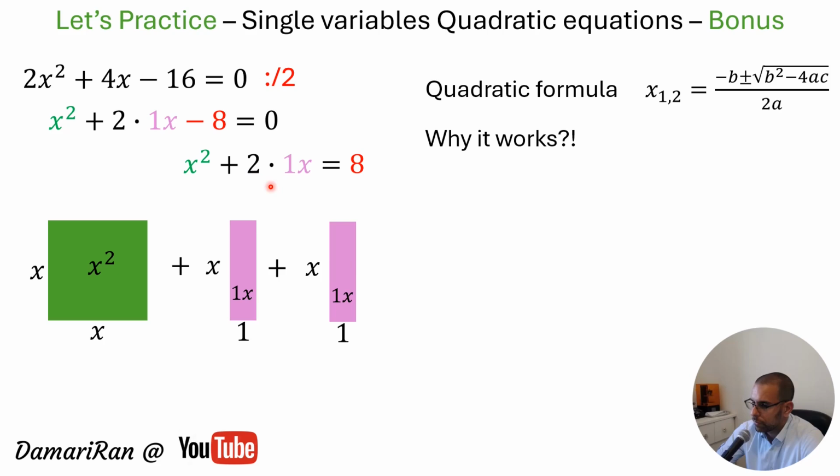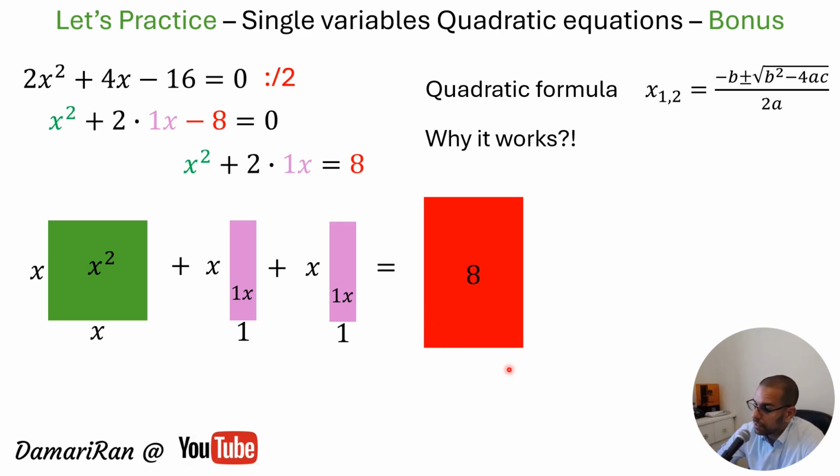This is why I wrote 2 here. And all of that is equal to some rectangle whose area is 8. I don't know what the sides equal, it doesn't matter. So this is what I got.